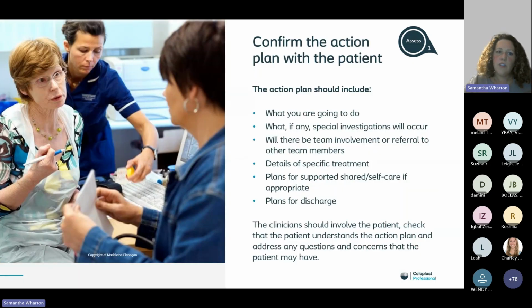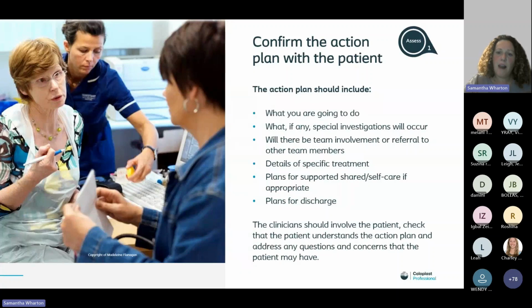Really important that once that assessment's been carried out, you confirm the action plan with our patients. We need to work together in partnership with our patients. We need to make sure we've discussed what we're going to do, what, if any, special investigations need to happen. Will there be team involvement or referral to other team members? Details of that specific treatment.